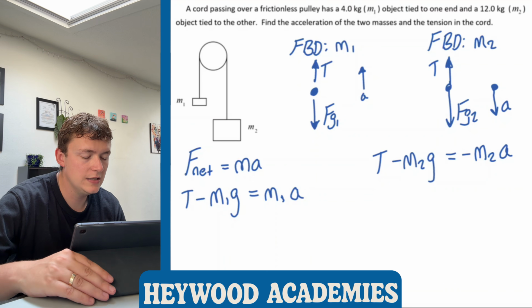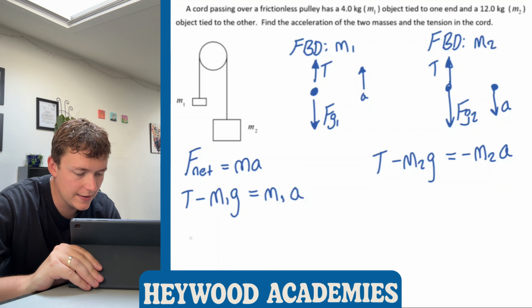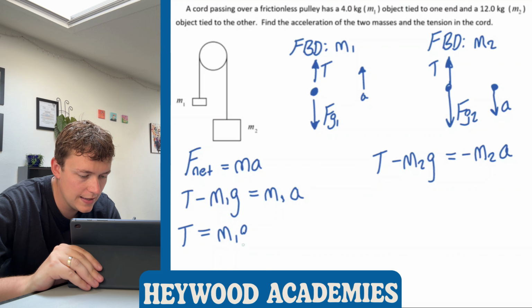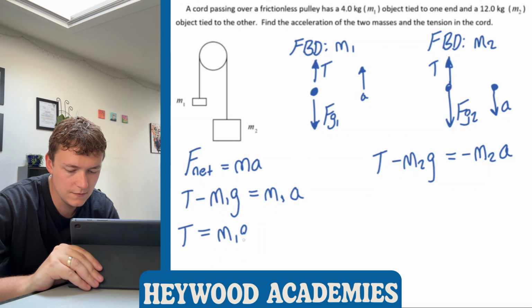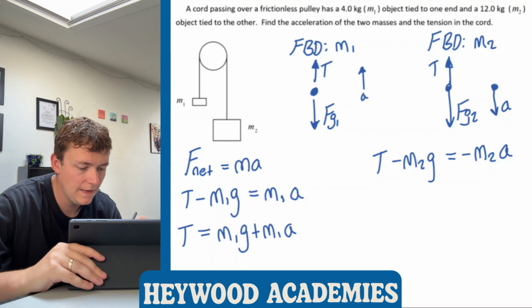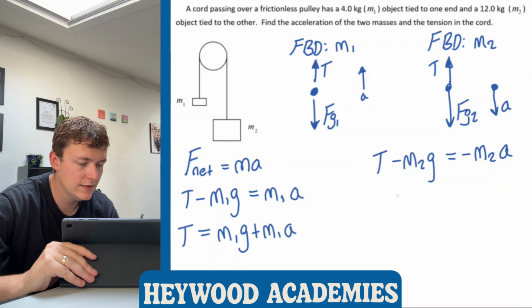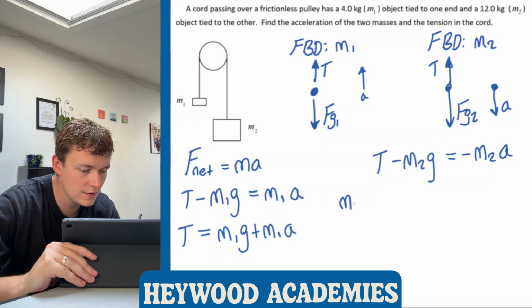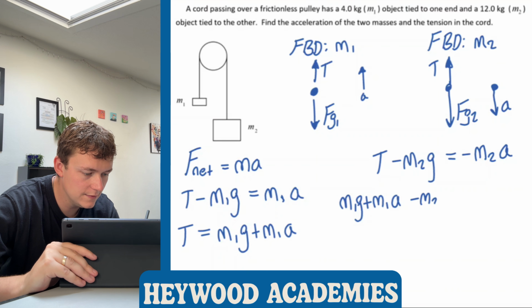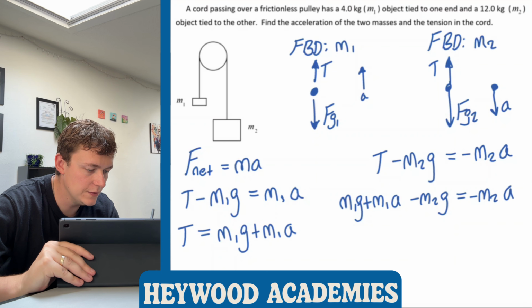So what we got to do is substitute some things in here. So let's take our equation on the left and let's rearrange it like this. Let's bring the mass over to the other side. T equals m1g plus m1a. And then we can take that tension equation and plug it in there. So instead of tension, we're going to substitute m1g plus m1a minus m2g equal to minus m2a.